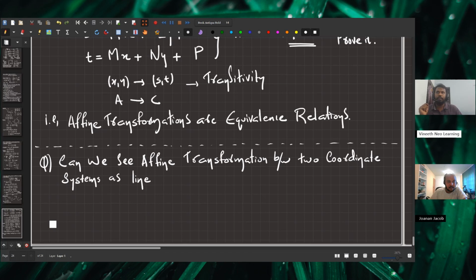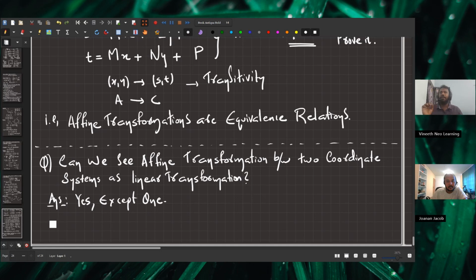That's the question here. Actually, the answer is yes, except one. One affine transformation can never be considered as a linear transformation.